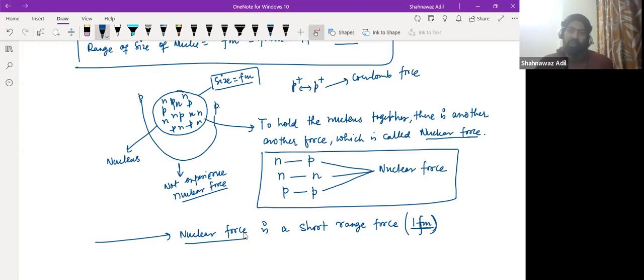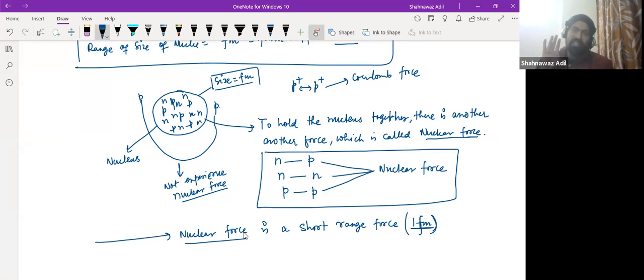Then what force dominates? Can you tell me, Aisha? Think about it. We have only four kinds of forces: gravitational force, weak force, electromagnetic force, and nuclear force.